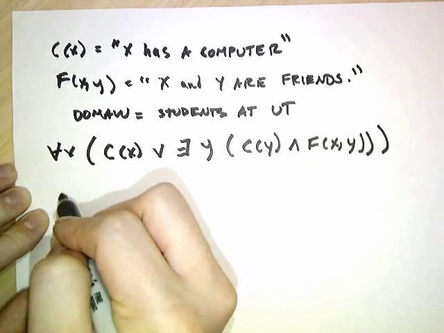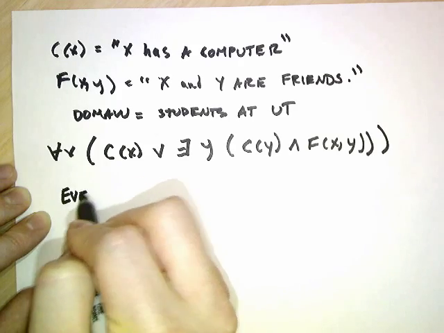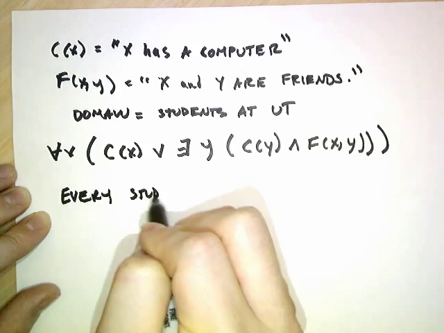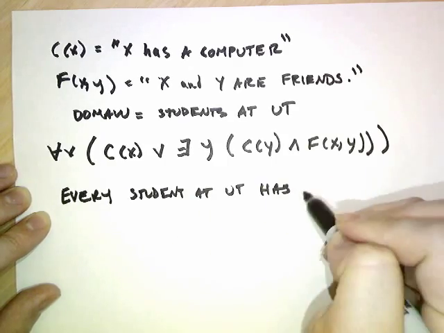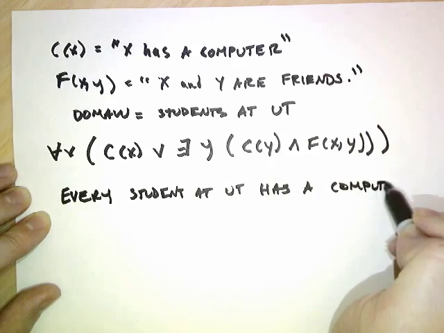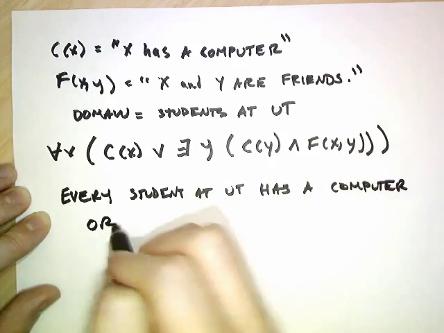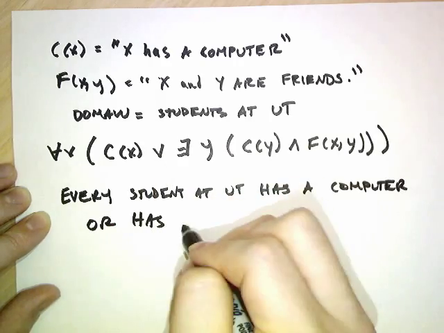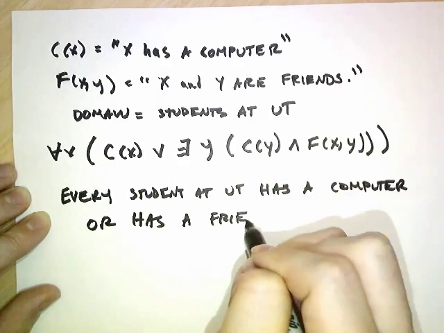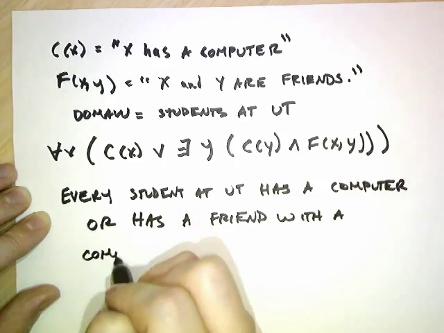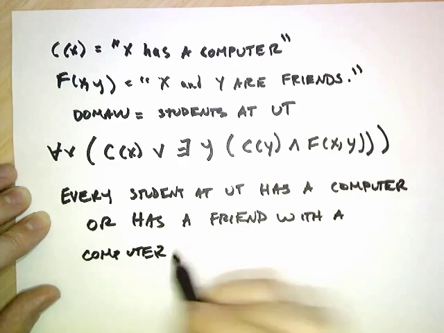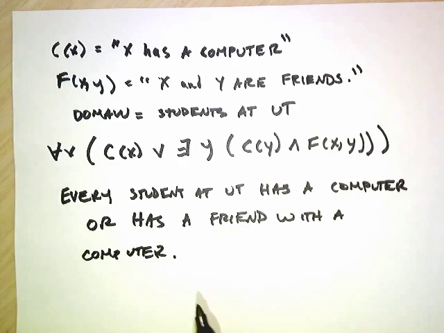In other words, every student at UT has a computer or has a friend with a computer. So you should really try and be comfortable translating from mathematical expressions into English sentences and from English sentences into mathematical expressions.